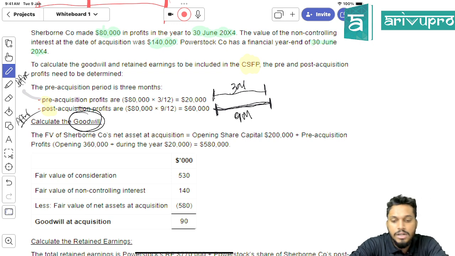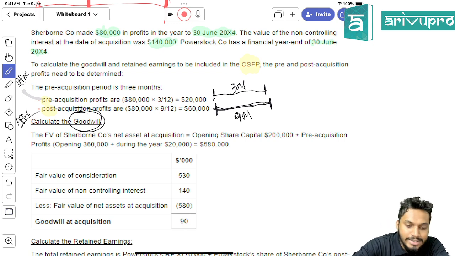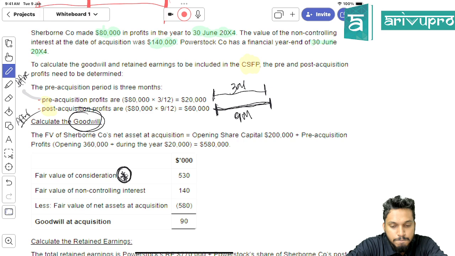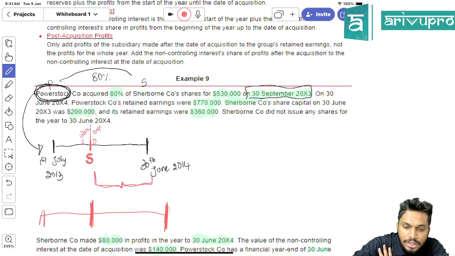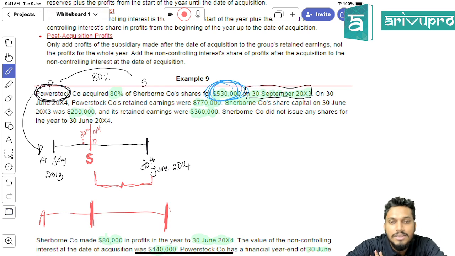So when you are trying to calculate your goodwill, first you need to understand what is the fair value of consideration. So fair value of consideration means what? How much you are paying to purchase the subsidiary. Right. So how to understand that? They have given, you have paid how much? 530,000 in order to purchase the subsidiary.